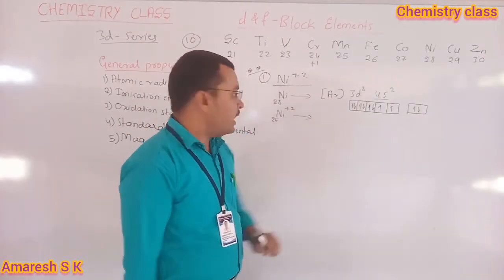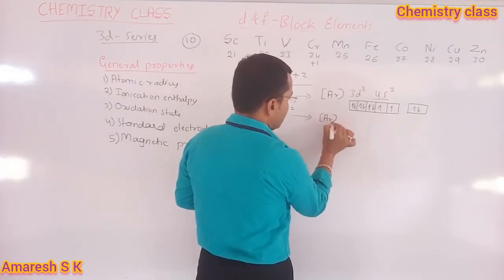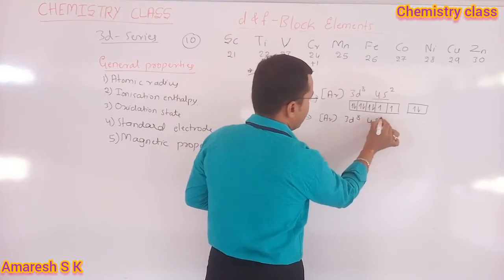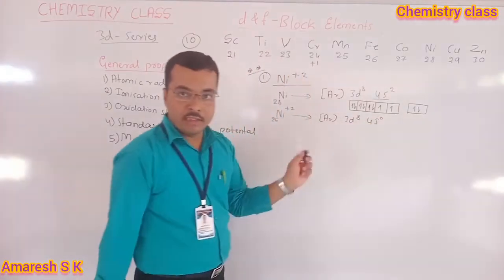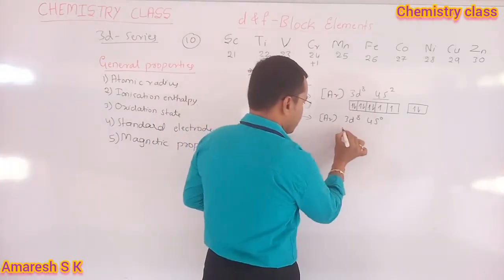In the excited state, it loses 2 electrons from the outermost shell. 3d8 4s0 is the outermost shell valence electronic configuration. Next, allot the electrons here.